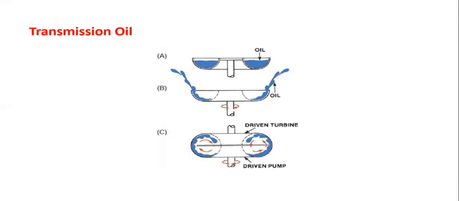This action produces a rotating force on the turbine and the transmission input shaft attached to it. The vanes then direct the fluid towards the center of the turbine and back towards the center of the impeller. This is how the pump and the transmission oil take part in driving the transmission system.